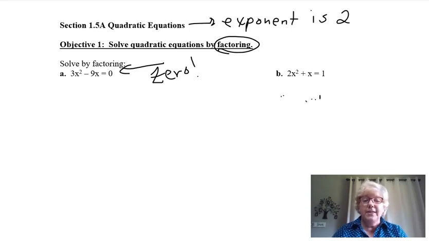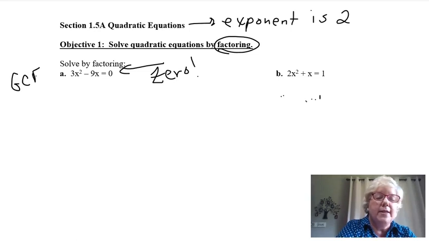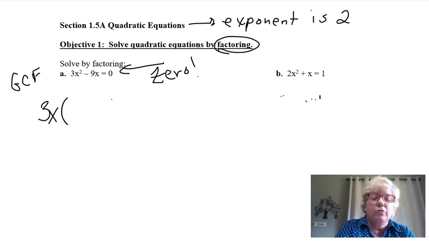On this first example A, I notice I have 3x squared minus 9x, and right off the bat, it jumps out at me that this is a greatest common factor, or GCF problem. If you notice, 3 will divide into both numbers, and it has x in common. So 3x would be my greatest common factor, my GCF.